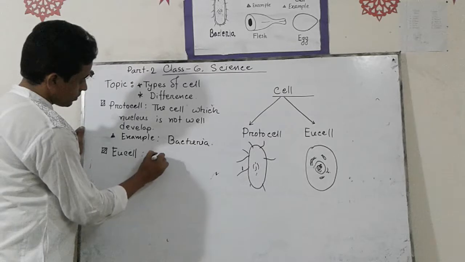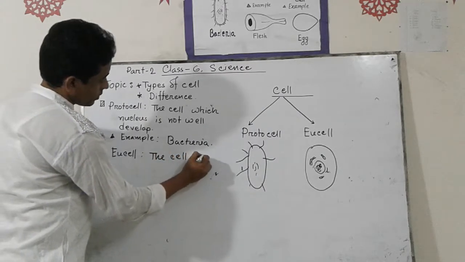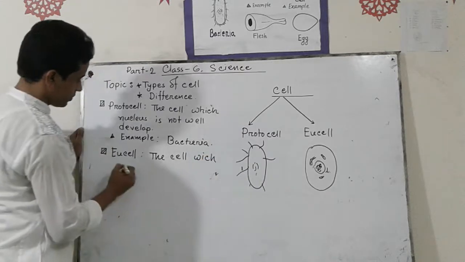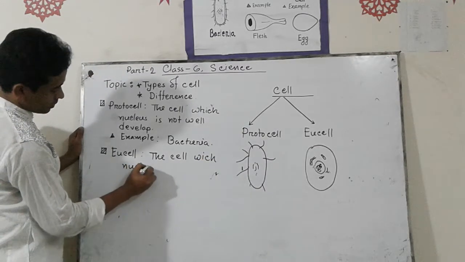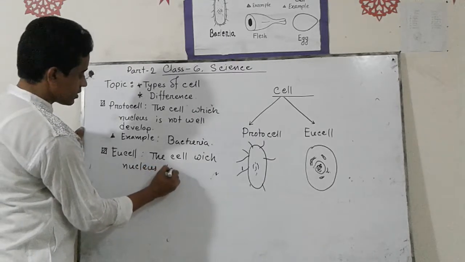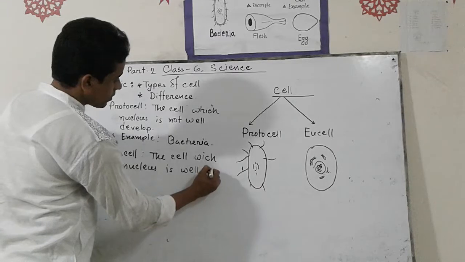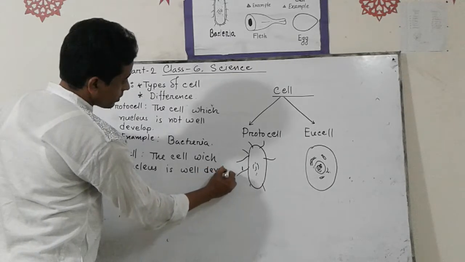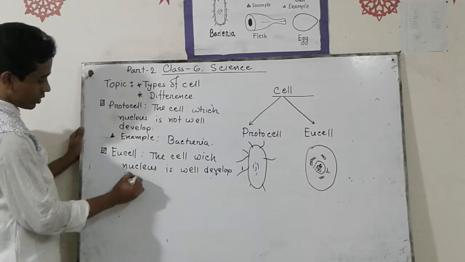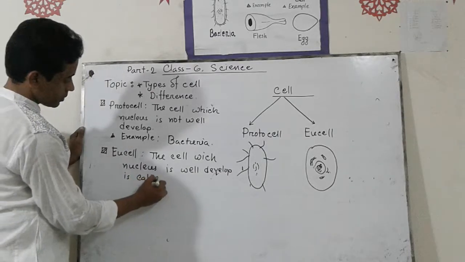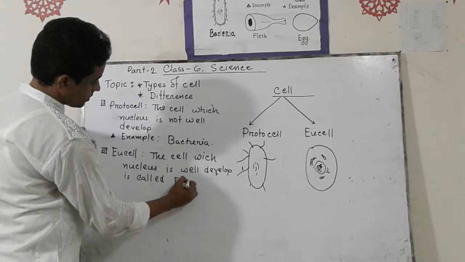The cell whose nucleus is well developed is called eucell.